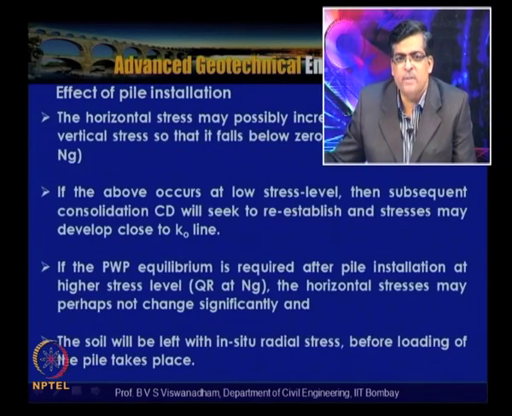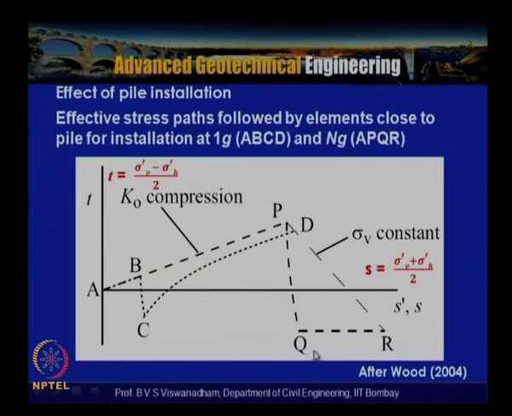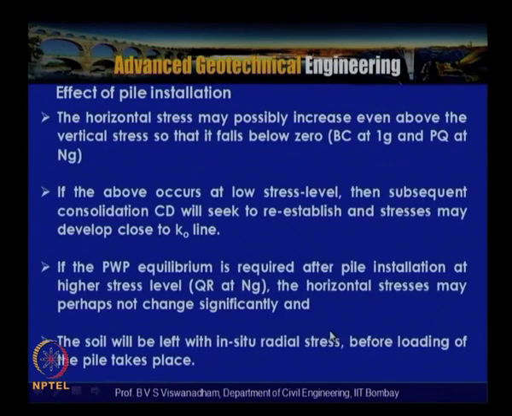Let us explain this. The horizontal stress may possibly increase even above the vertical stress, so that it falls below the 0, BC at 1G and PQ at Ng. That means that this horizontal stress increases because of the pile drive, so it falls below 0, BC in case of 1G installation, and PQ in case of Ng installation.